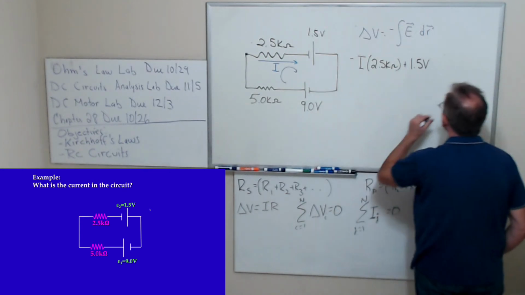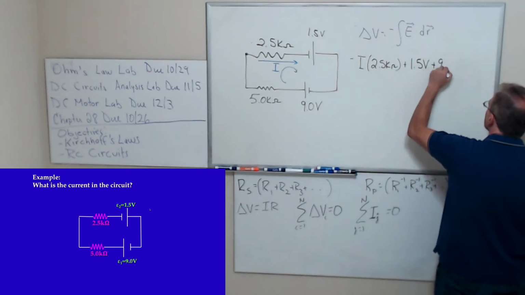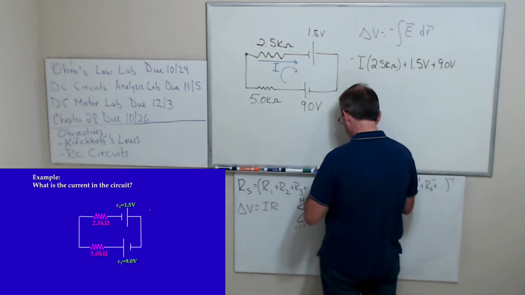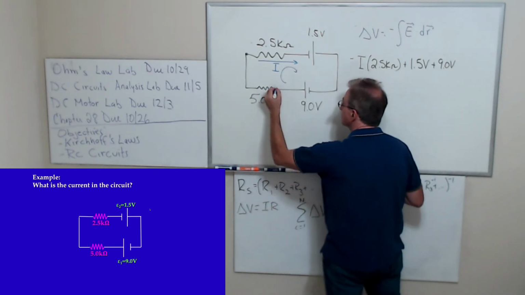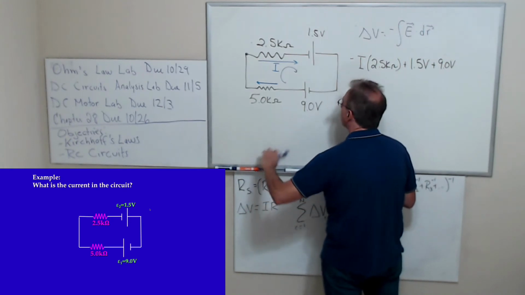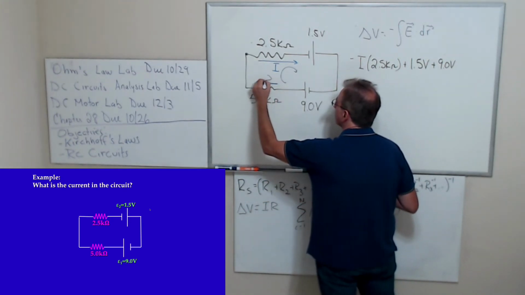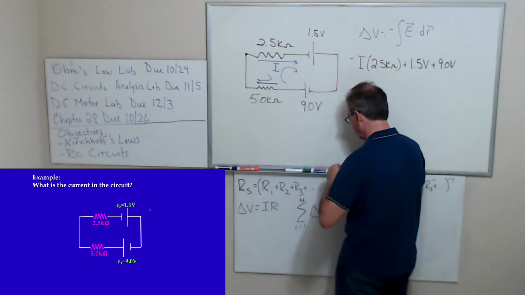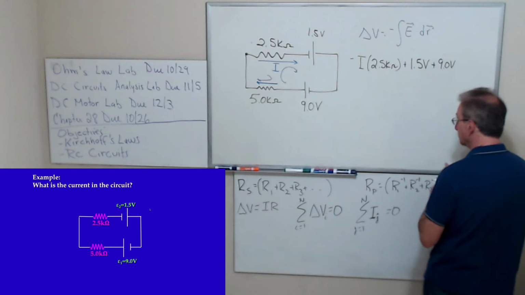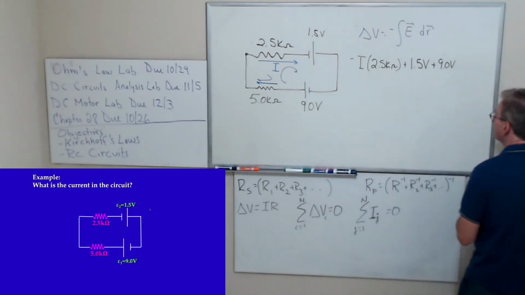Then I hit this one. And then I continue, my current is in this direction here. I continue to sum in the clockwise direction, in the same direction as the current, the same direction as the electric field. And so that's the voltage drop according to my convention.